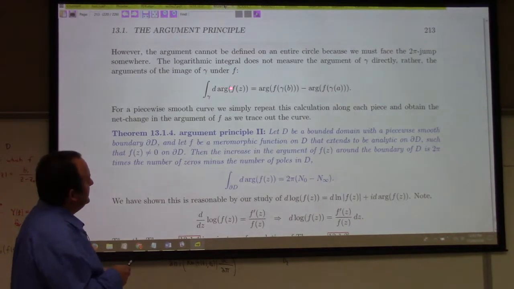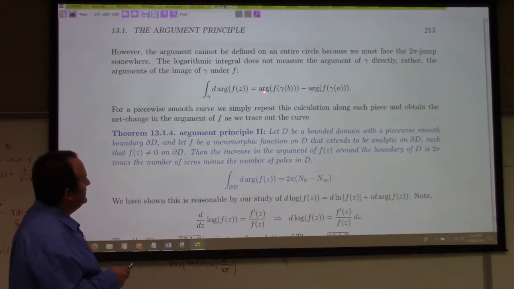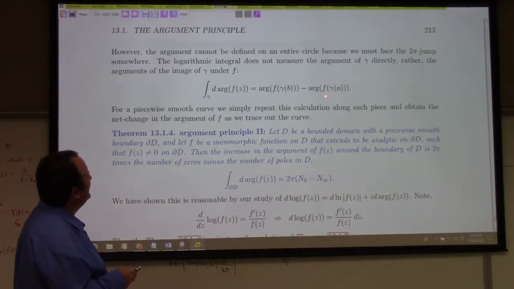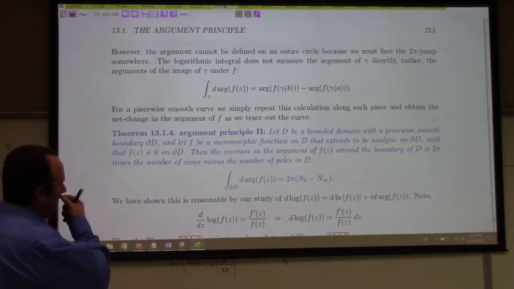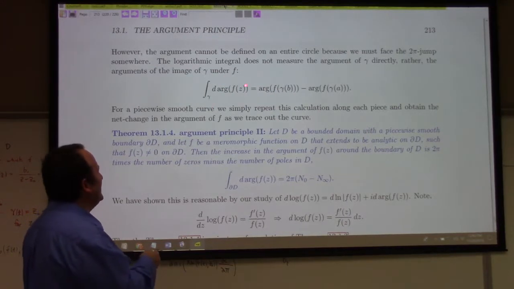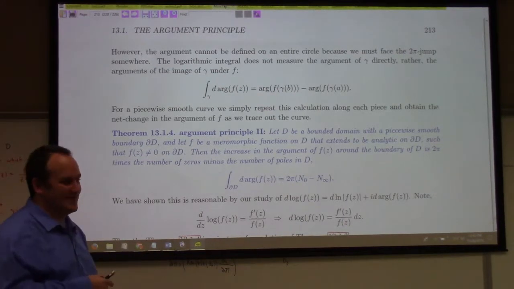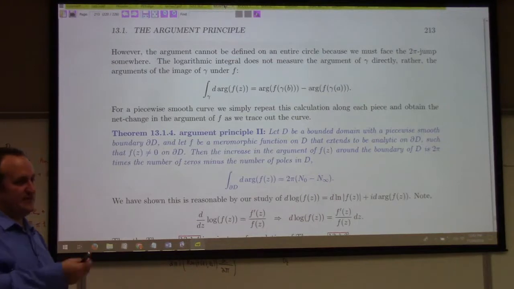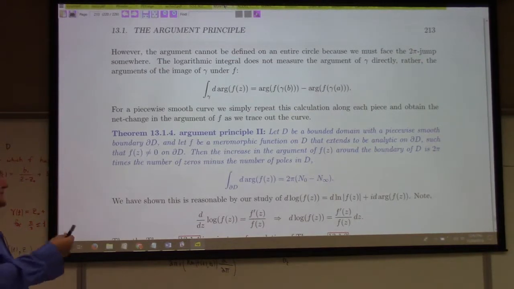of the differential of the argument, it gives you, I'm not sure I believe that. Yeah, I don't think this is true. I mean, the details of integrating the differential of the argument are subtle. It's calculating the change in the angle of f as you go around the curve, right?